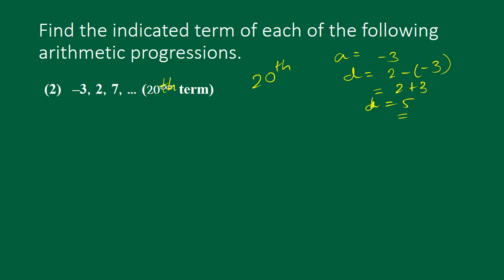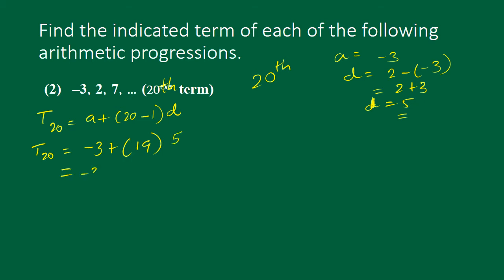A is minus 3, d is 5, and you get here T20 is a plus 20 minus 1 into d, right? Then you get T20 is minus 3 plus 19, and d is 5.